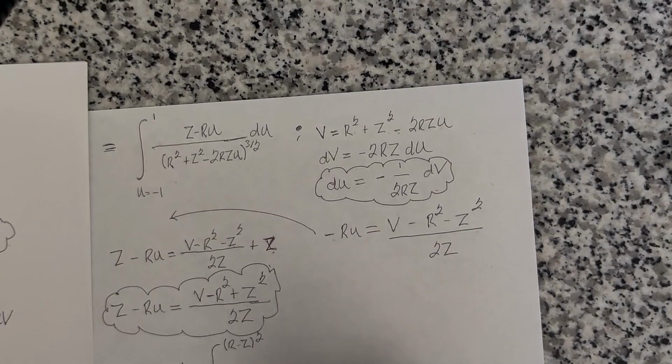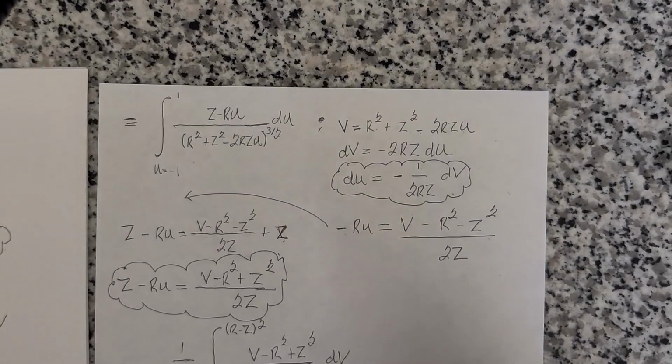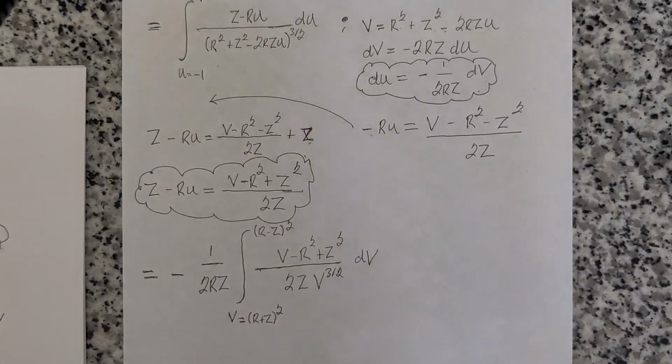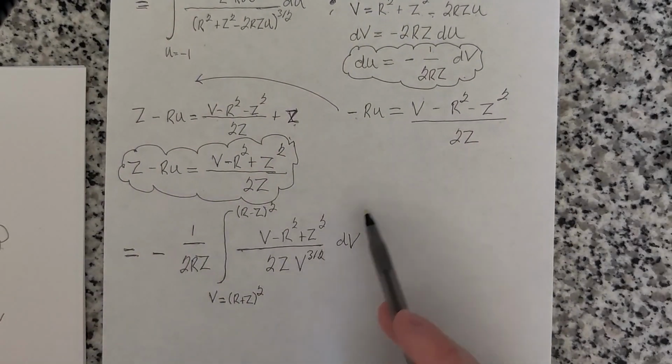Do that, then we have on the bottom 2z times v to the 3/2, plugging in our substitutions, and v minus r squared plus z squared on top, and dv. So this is what I have for the integral after plugging in our substitution for v.